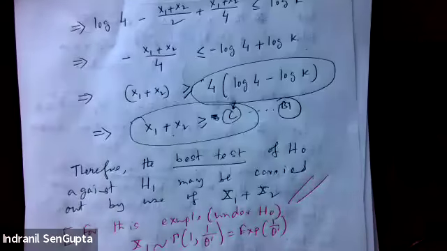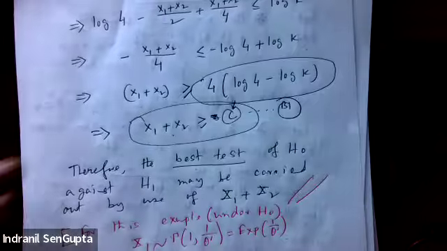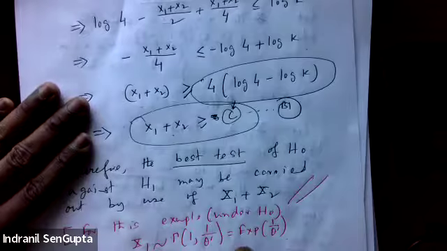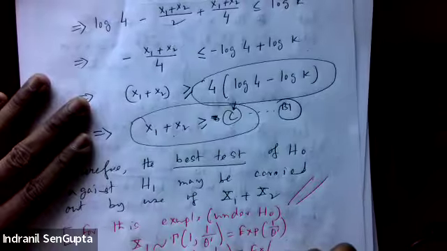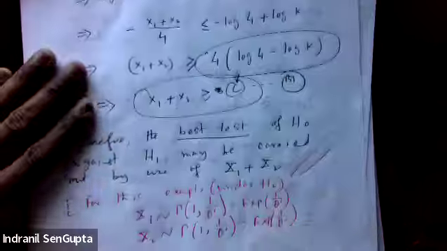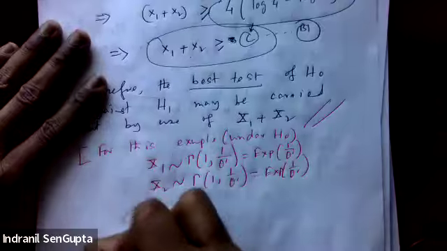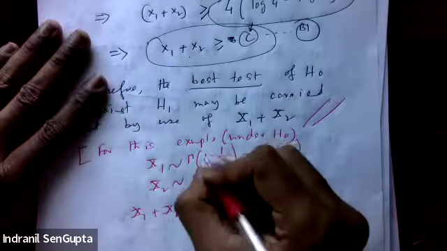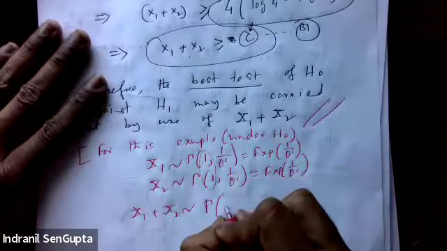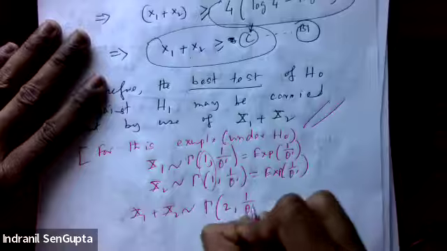That is what is given from the probability density function. And x2 is also the same thing. And therefore, we know that for x1 plus x2, if they are gamma, the first parameters, the alphas, are added. So it's gamma of 2, 1 over theta prime.